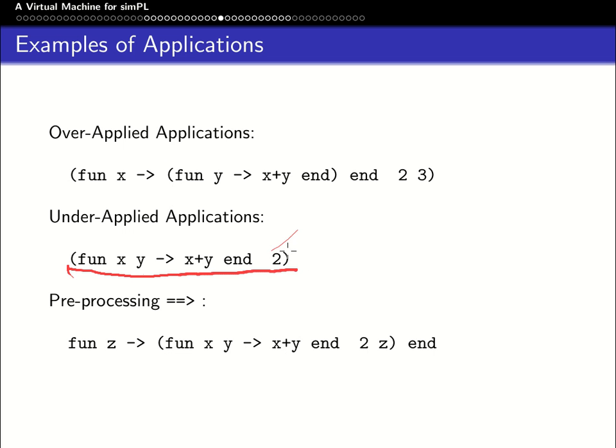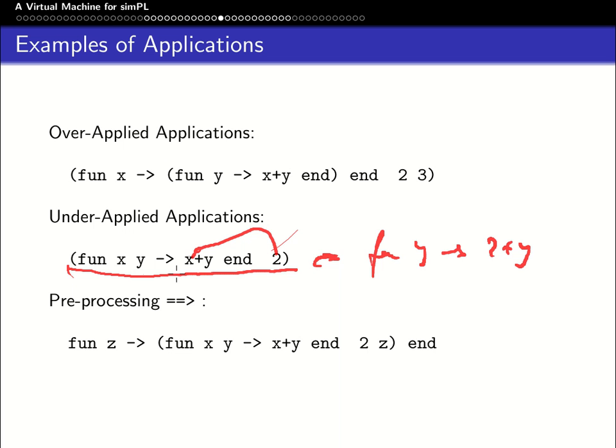So the x becomes 2, and then this is equivalent to fun y goes to 2 plus y, right? Once I have applied it to 2, x takes a value, we still have to apply it to y. So under-applied functions should be syntactically correct.